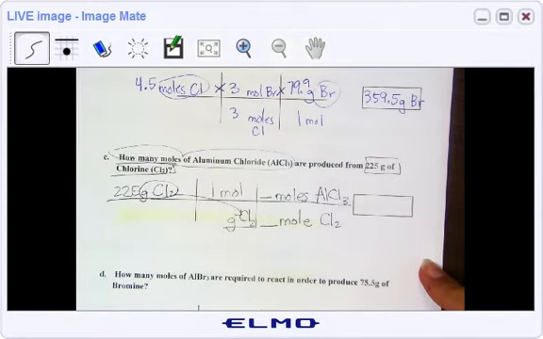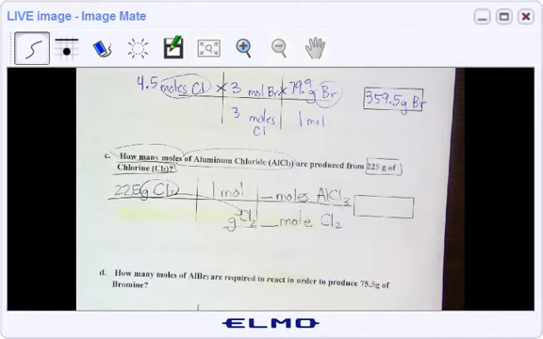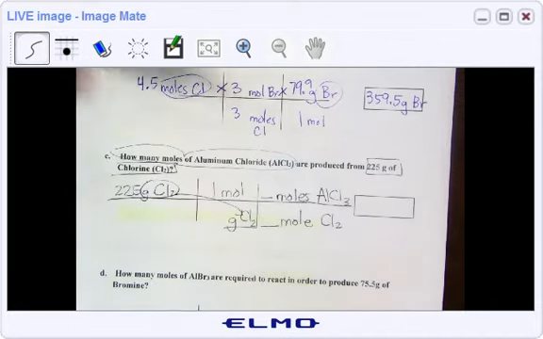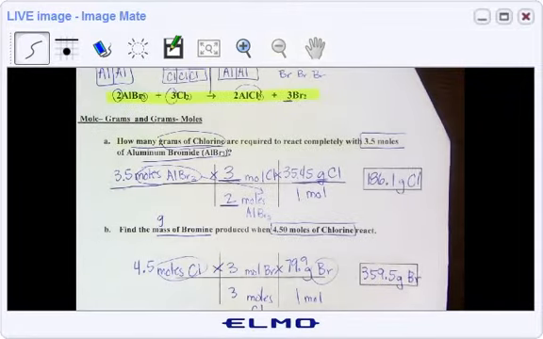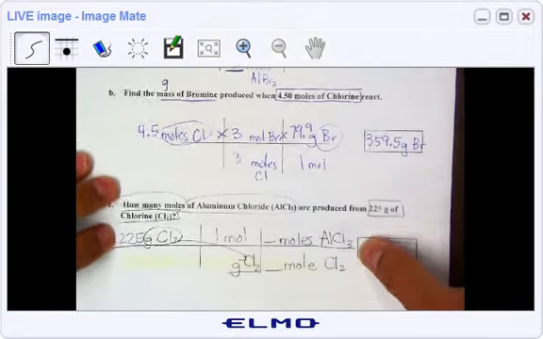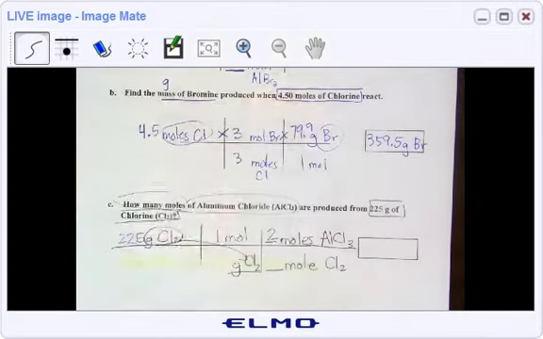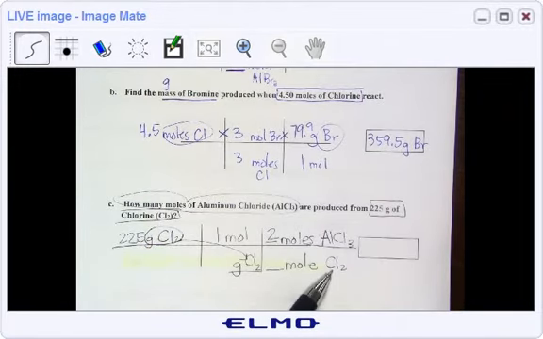What numbers go here? Because this is stoichiometry, we no longer just put the number 1, we go back to the coefficients. So what's the coefficient of AlCl3 in this equation? AlCl3, the coefficient is 2. I'm going to put a 2 here. Look at the very top of your paper, and what's the coefficient of Cl2?